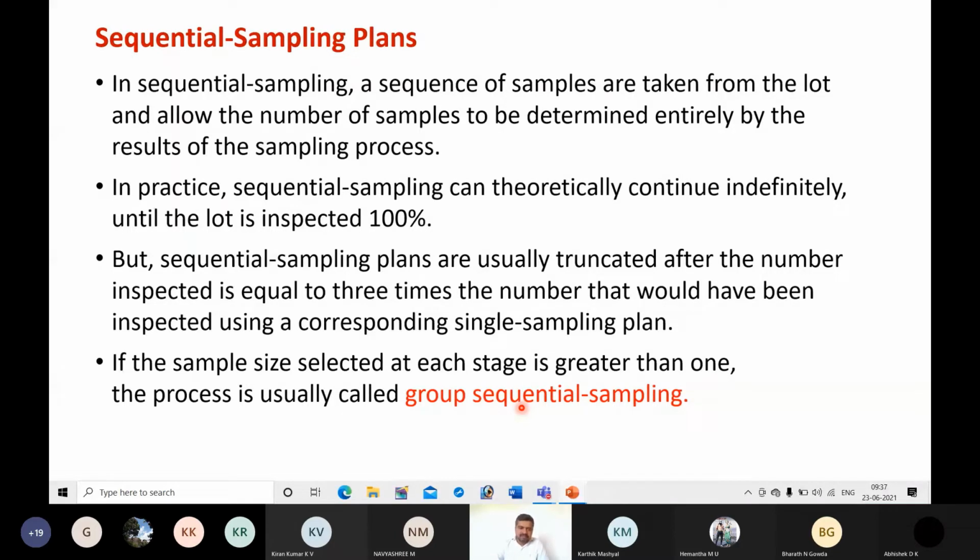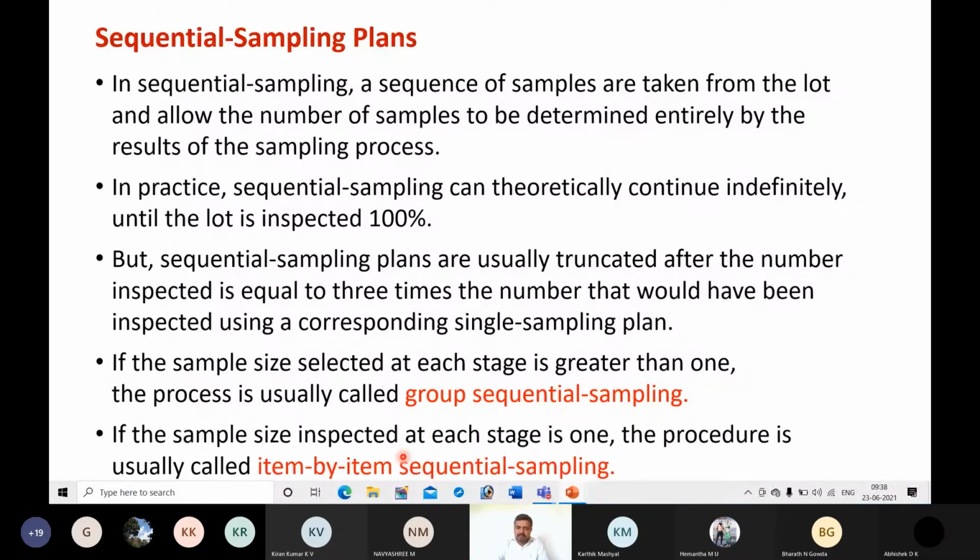If the sample size inspected at each stage is 1, the procedure is called item by item sequential sampling. That means you pick 1 unit, evaluate whether it is defective or not, then pick another, and go on picking samples one after another. So if the sample size is 1, it is called item by item sequential sampling.